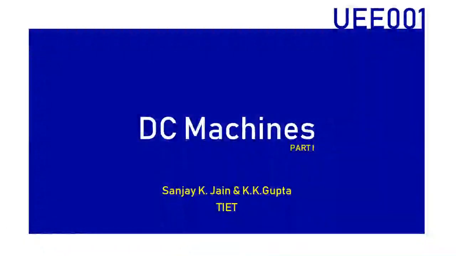In this unit, we will be covering the basic concepts of DC machines. This unit will be covered in three parts. We know that a machine is an assembly of components with a predefined purpose so as to decrease the human effort. When this machine involves electricity, we call it an electric machine.